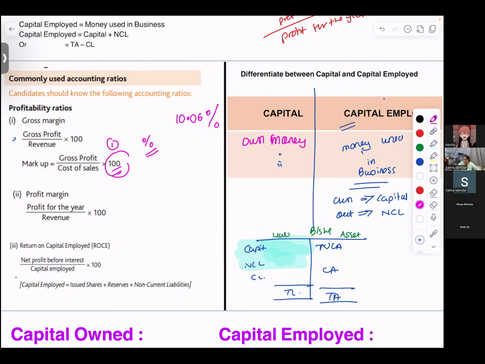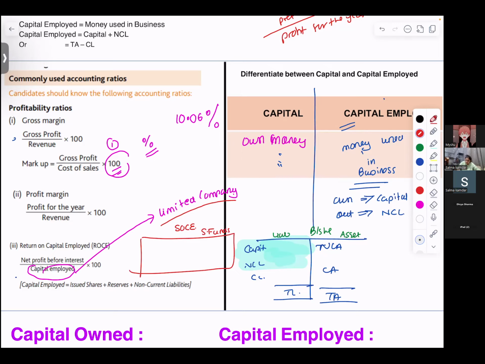Now what the question twists up for us is finding the capital employed for a limited company. Can you tell me what would be the capital employed for a limited company? In a limited company, we prepare the statement of changes in equity that has the shareholders' funds.